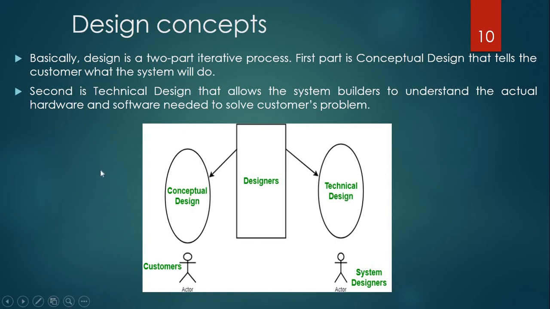Basically, design is two-part. First part is conceptual design that tells the customer what the system will do, and second is technical design that allows the system builders to understand the actual hardware and software needed to solve the customer's problem.